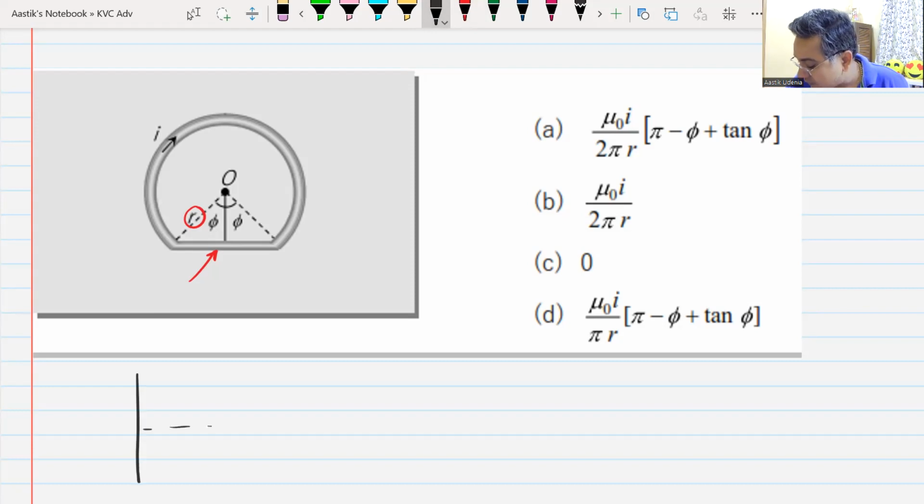The formula is only valid when the perpendicular distance is given as r. Here is the perpendicular distance given as r? No, sir. This is the perpendicular distance that you have to find out, and that is r cos phi.